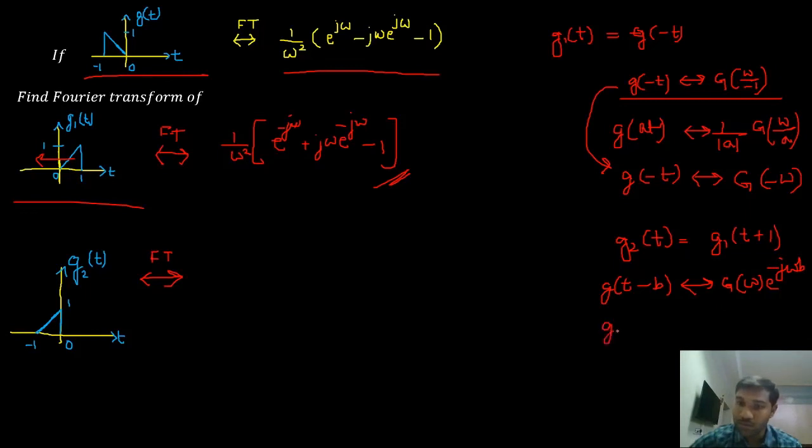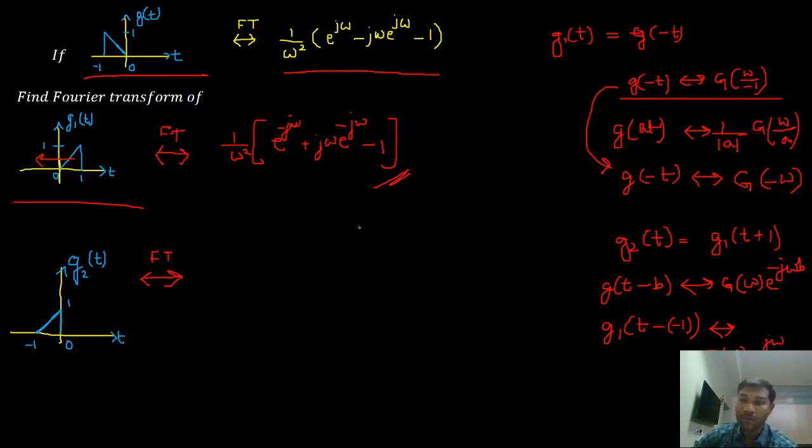Now g1 of t plus 1 means in place of b I have minus 1. Now what is the Fourier transform? It is nothing but g of omega into e power j omega. b is minus 1, so minus into minus is plus 1, so e power j omega.